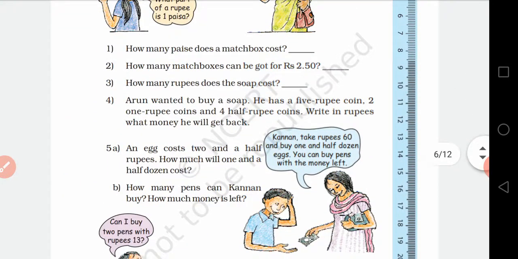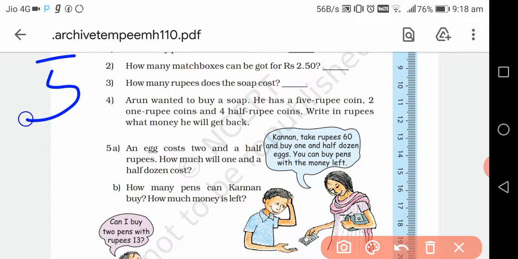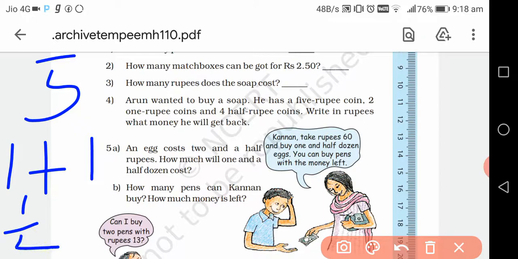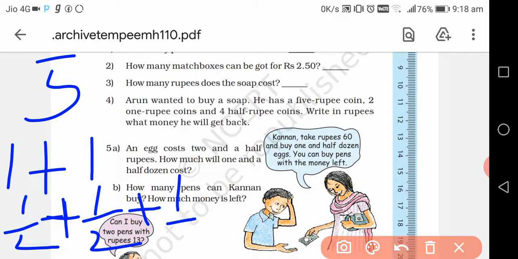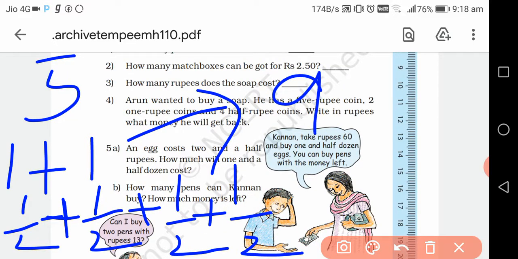Okay. Arun wanted to buy a soap. He has a 5 rupee coin, 2 one-rupee coins and 4 half-rupee coins. Half rupee coin उसके पास 4 थे. In total, he has 9 rupees.